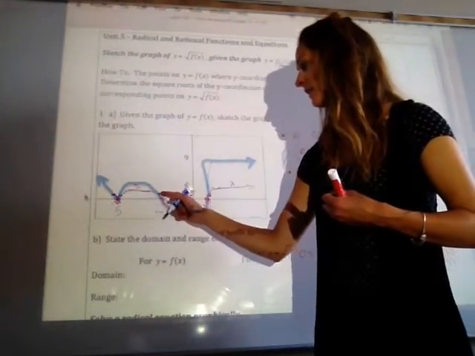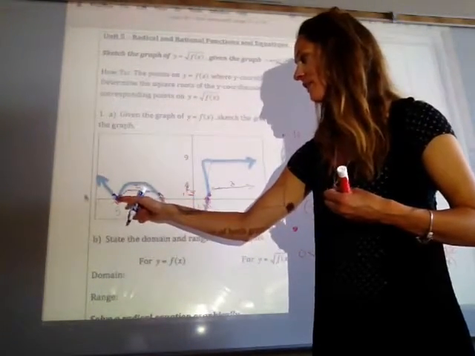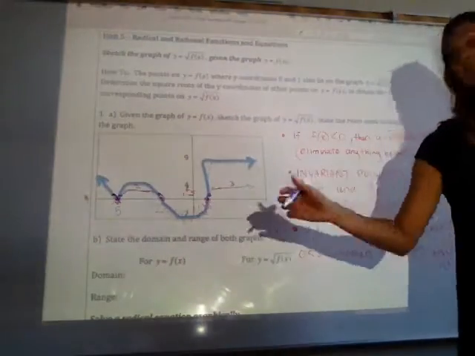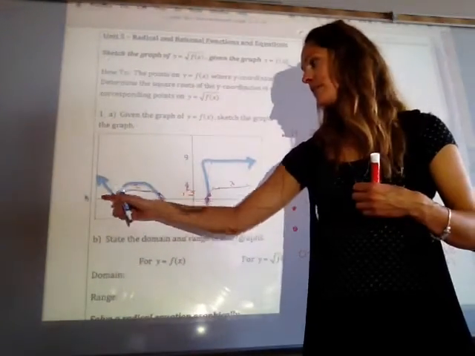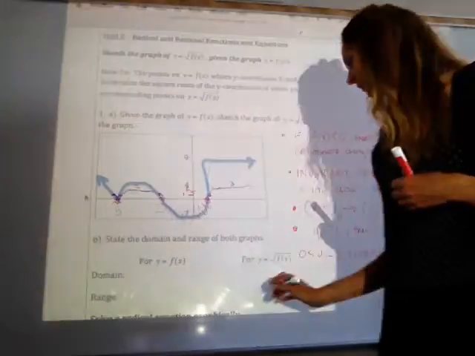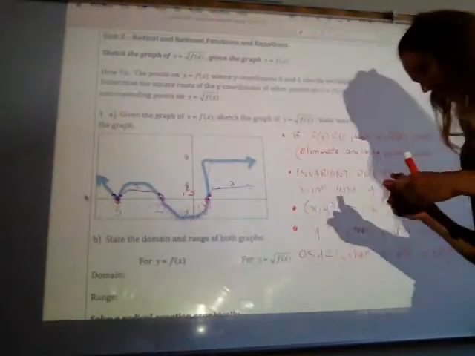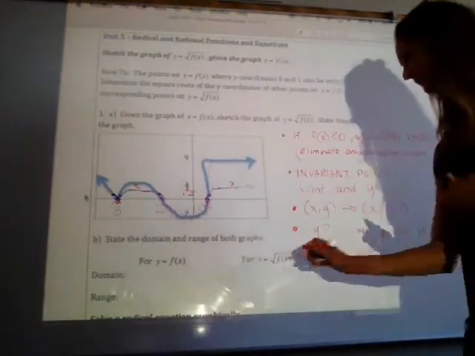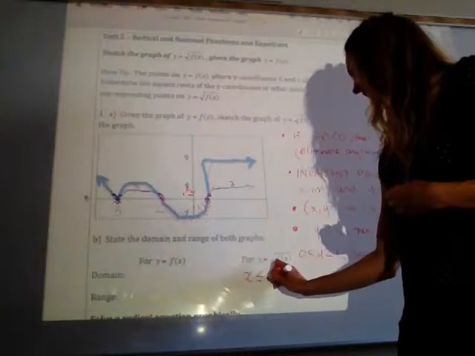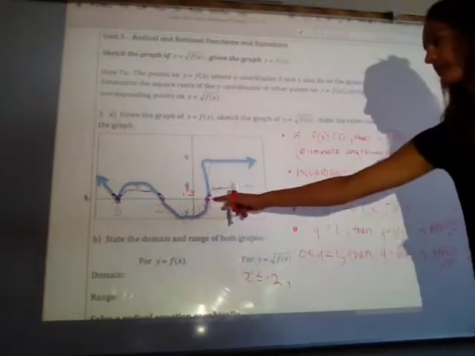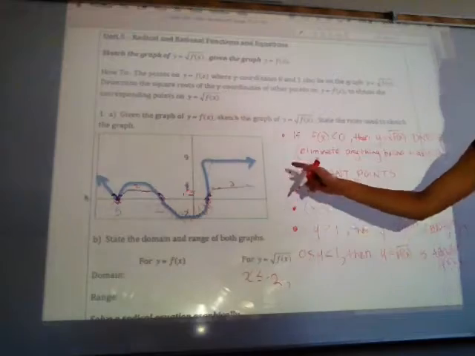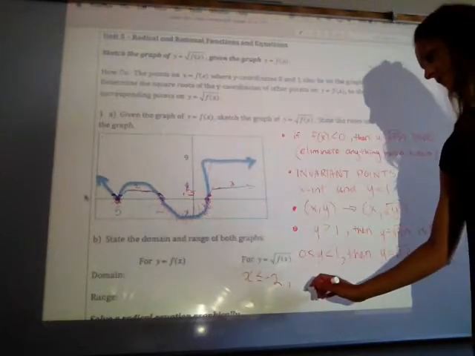Okay, it goes from -2, it touches at -5 and then keeps going. Is there any breaks from here to here? Or here? No, it's continuous. So x will be less than or equal to -2. Okay, what about on this side? x will be greater than or equal to 3.